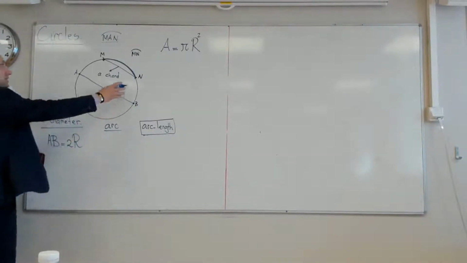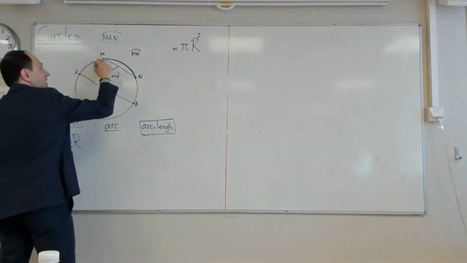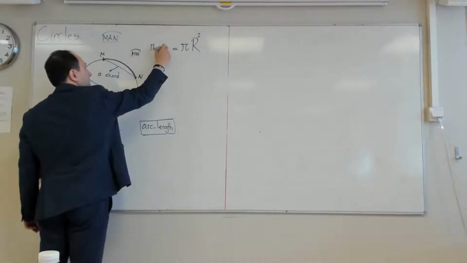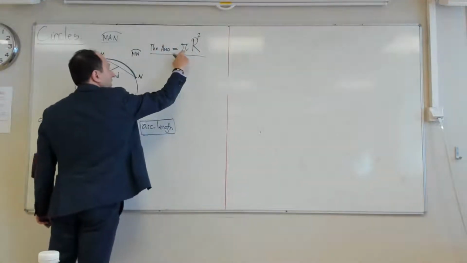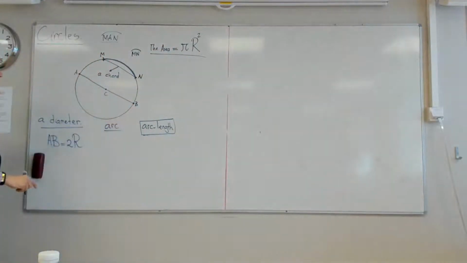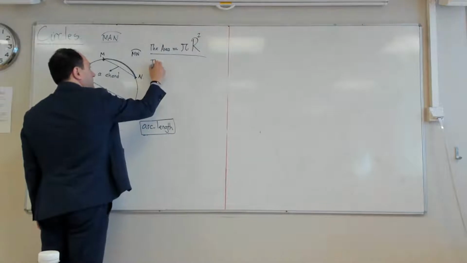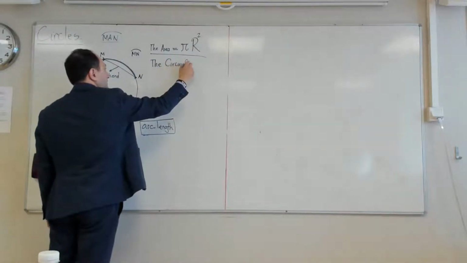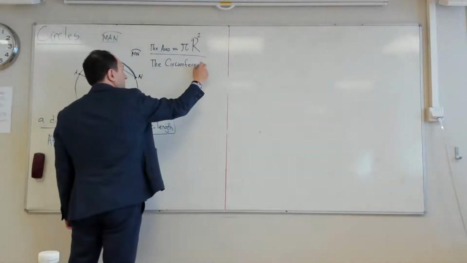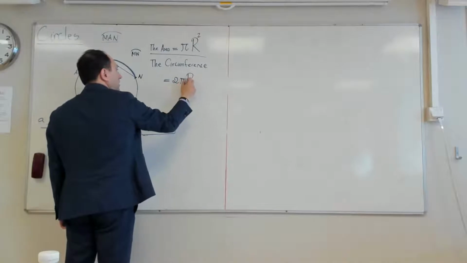So if you want to find the area, let me write the area. Don't get confused this A with that A. So let me write the area is equal to the famous pi number multiplied by the square of your radius. That is the area. And the perimeter or the circumference is 2 times pi times r.